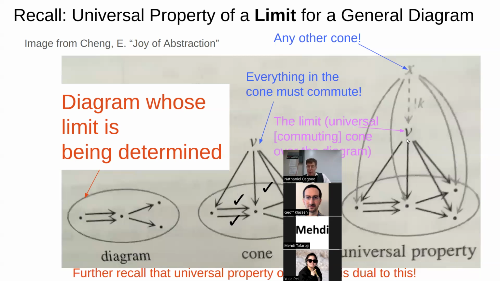Okay, but the point is that any cone has to have things mapping down to each of these points that makes these triangles commute here. But the limit is the best one. It's the one such that any other contender, any other pretender that has those characteristics, factors through this.